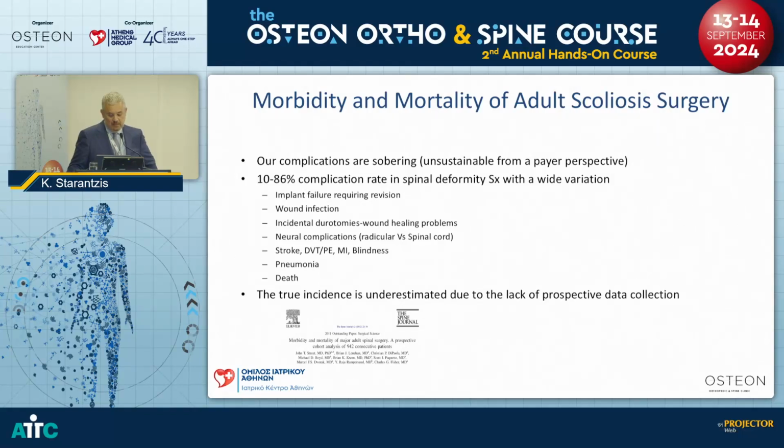But being honest with ourselves, recently we found out that the complication rate is somewhere between 10 to 86%. I think the consensus is 40% to get at least one complication. And half of them may have a serious complication.